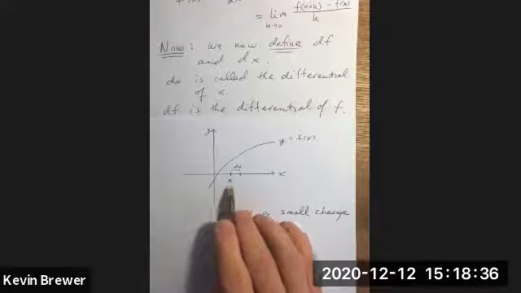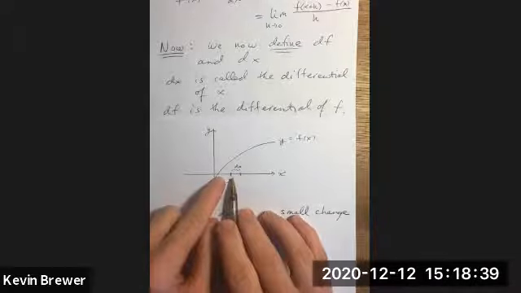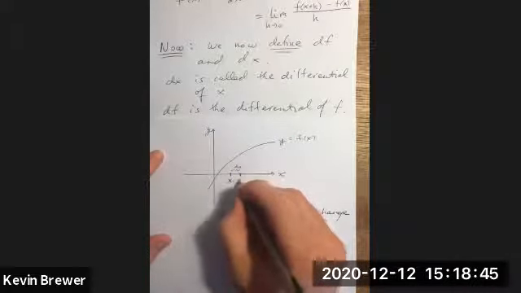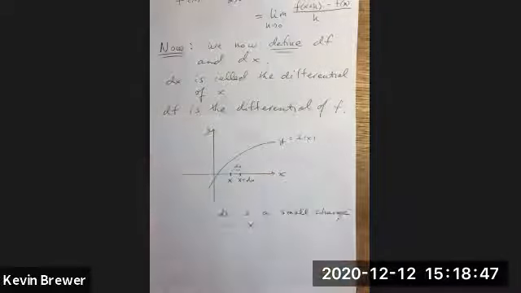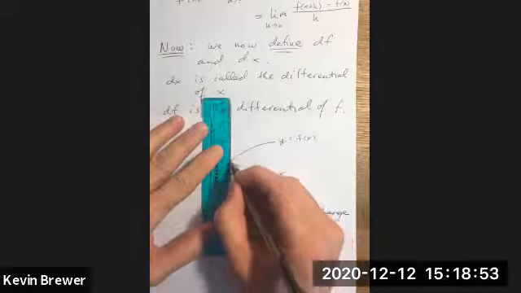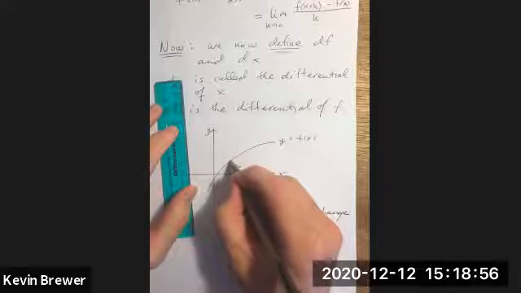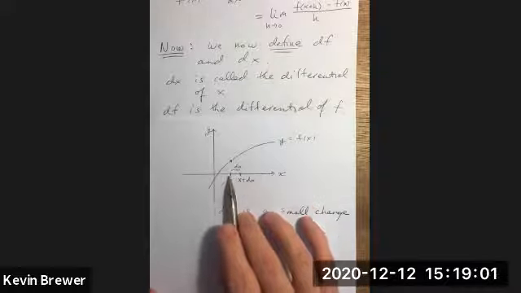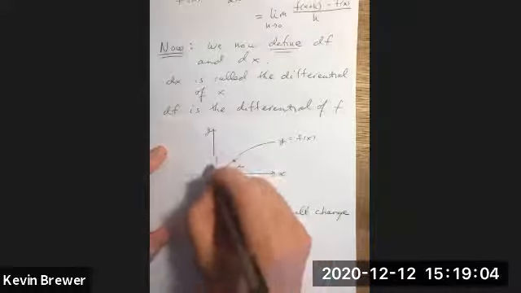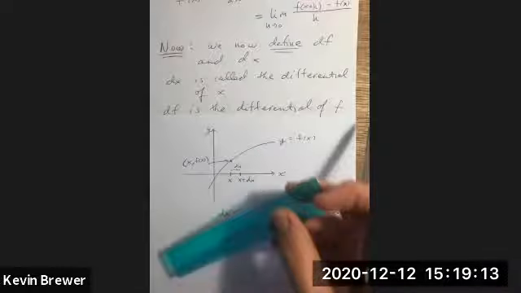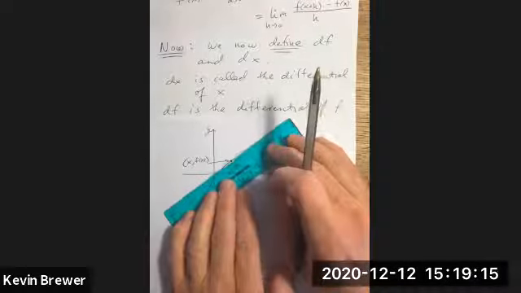So if we start at x and then move over here a distance of dx, that would make this location x plus dx. The point on the curve directly above x is the point x comma f of x. And since the function f is differentiable, there's a tangent line here.